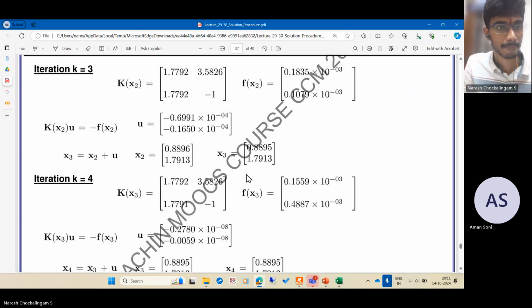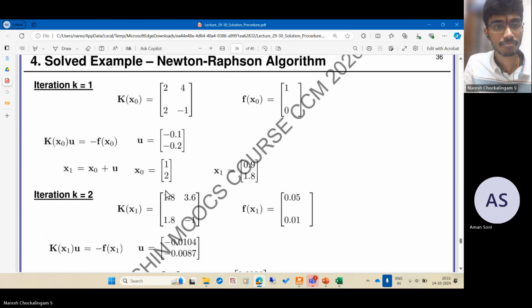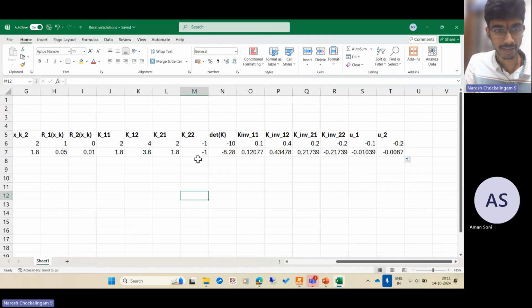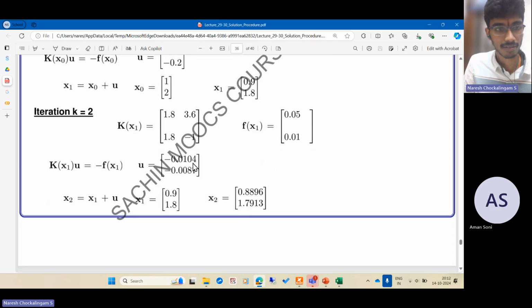In iteration 2, r1 is 0.05, r2 is 0.01, k11, k12, k21 are 1.8, 3.6, 1.8, minus 1. Yes, they are right. Then determinant of k is minus 8.28. That is fine, and the inverse values are fine. The increments we get are 0.01039 and 0.0087. So those are also fine.